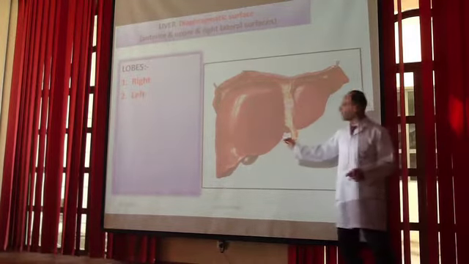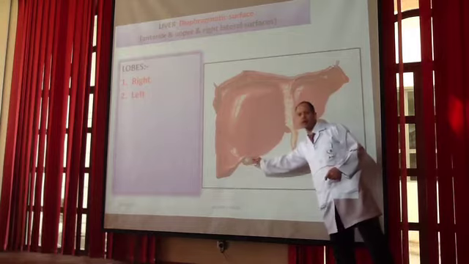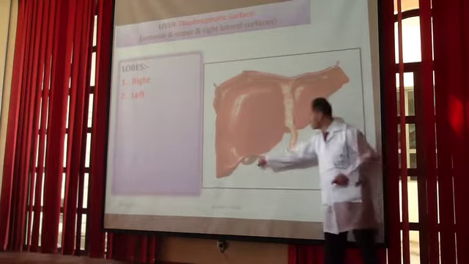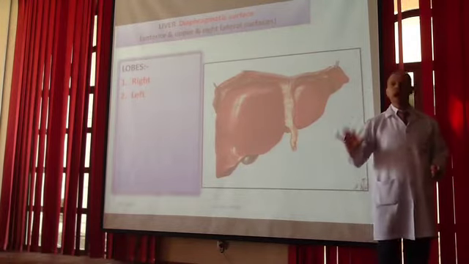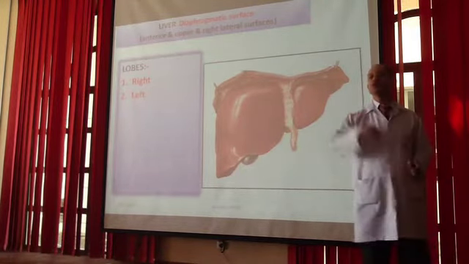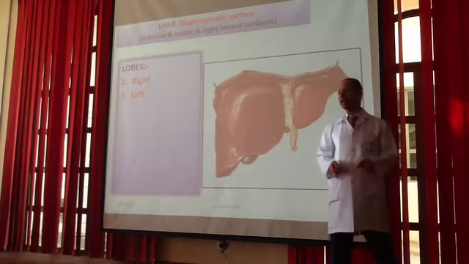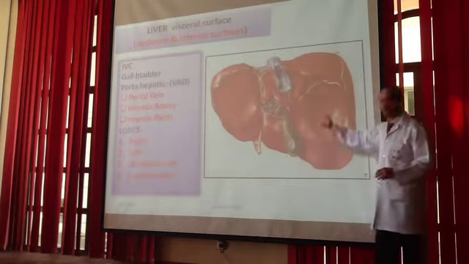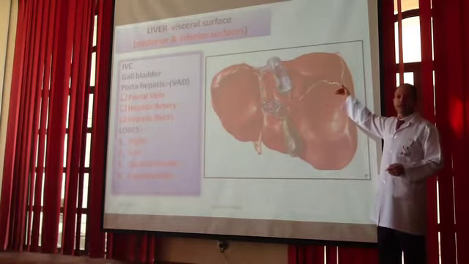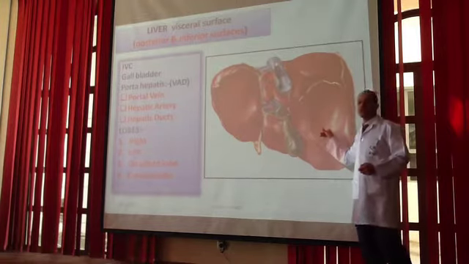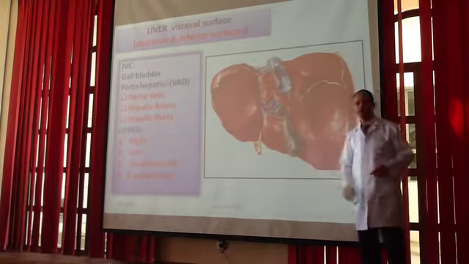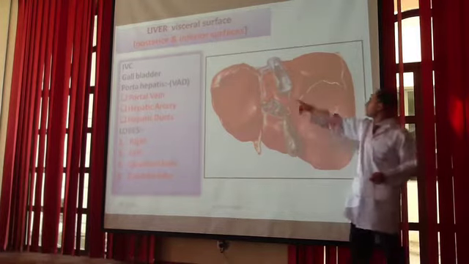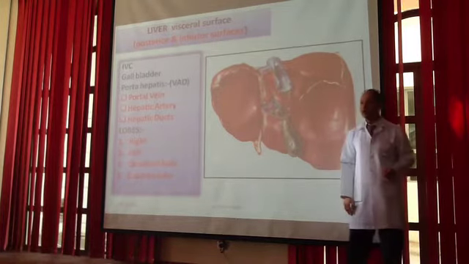What organ lies specifically on the undersurface of the liver? Gallbladder. Other lobes can be seen either on the inferior or posterior surface. Hanan, focus please. Okay? So now we are seeing the back and inferior surfaces. On the inferior surface we have gallbladder. On the posterior surface we have inferior vena cava.